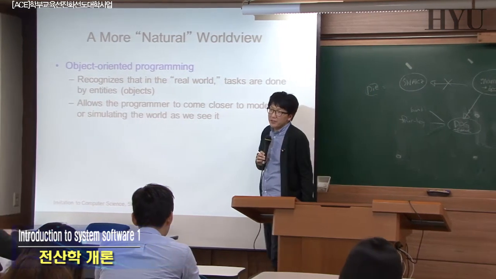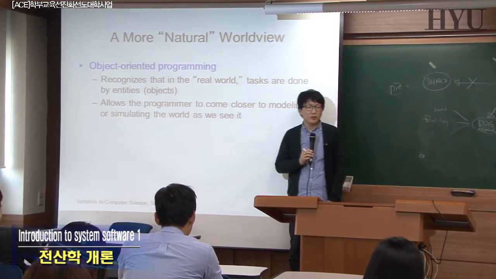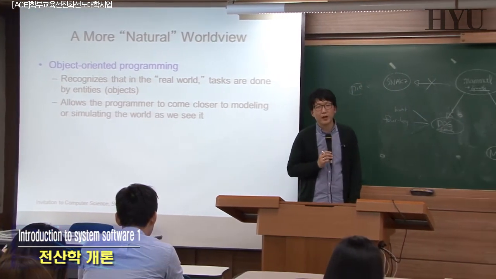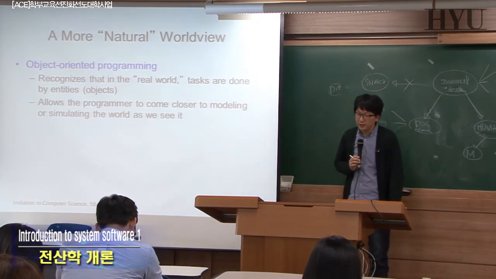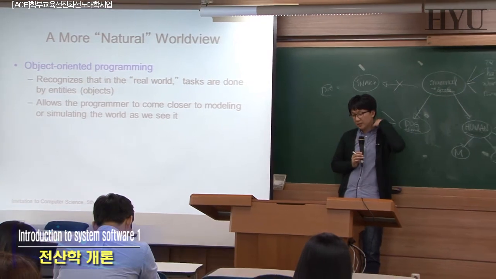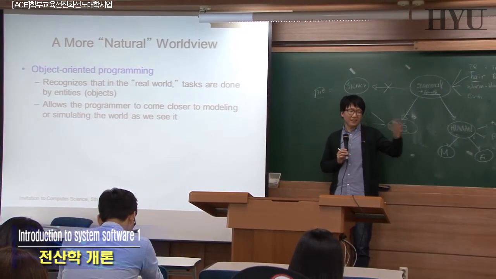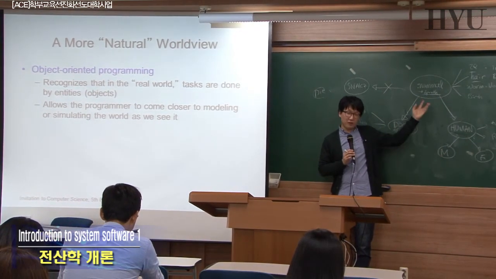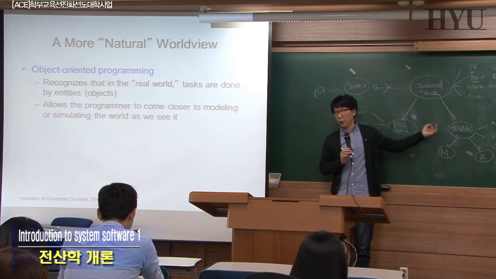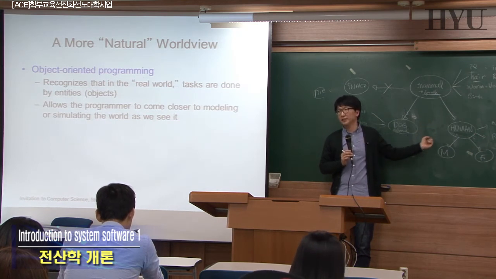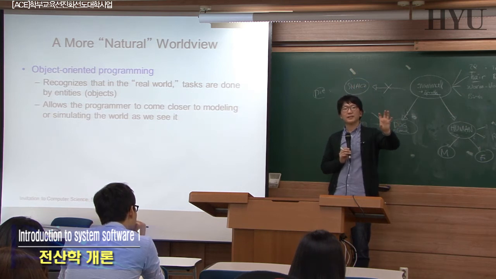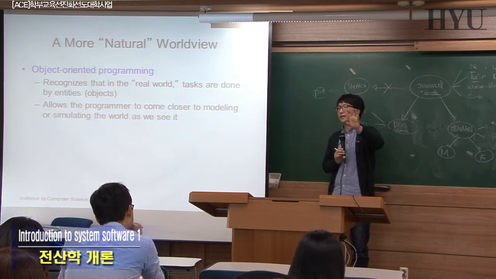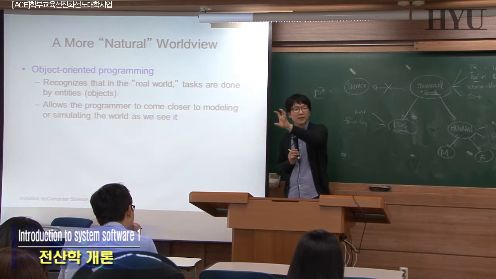It's more of a natural worldview. OOP is a much more natural way of writing a program. Recognize that in the real world, tasks are done by entity objects. This is a much closer expression to real life. Right? If there's a circle, there's a shape class, a circle class, a rectangle class, a triangle class.